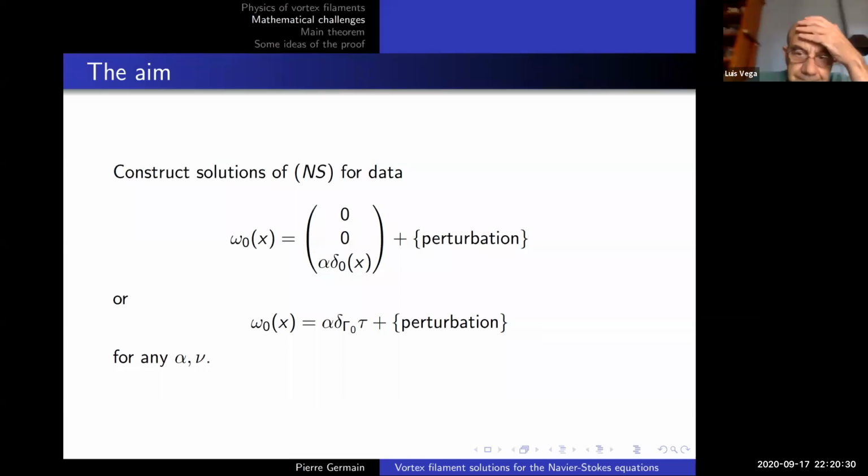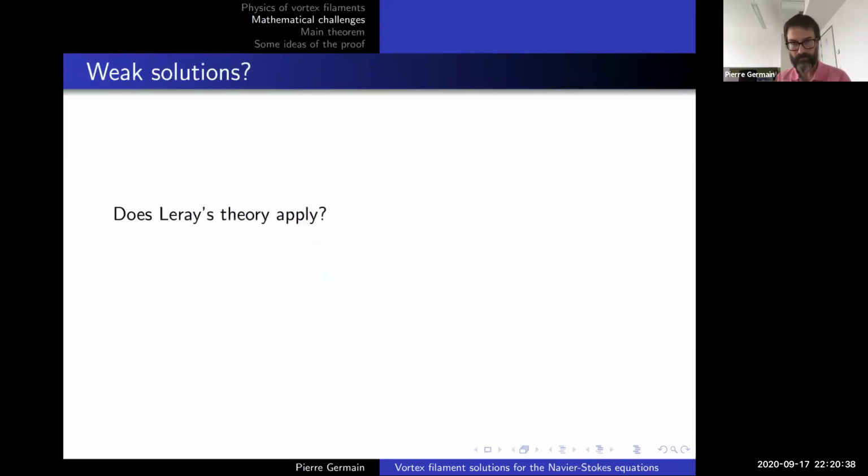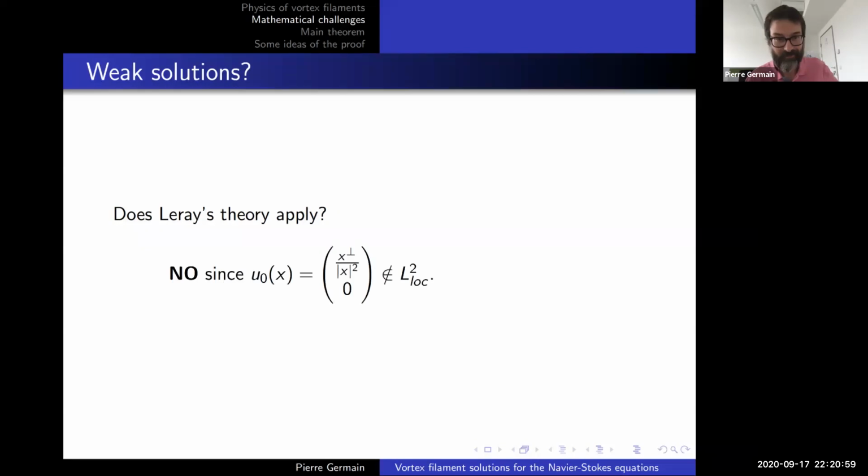Okay, so let me maybe explain why this is difficult. We're going to go through the theories that exist about solutions of the Navier-Stokes equation. The first theory that was put forward is due to Leray. Could it apply to this problem?